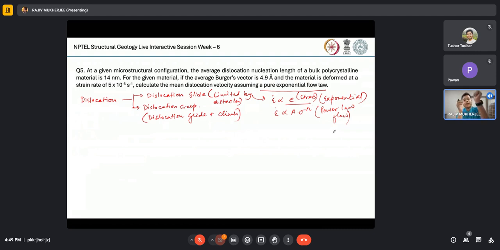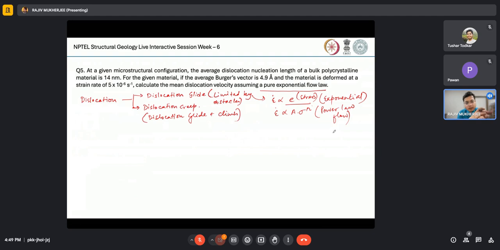But whenever you're talking about dislocation glide, there will be no climb. So in this problem, it has been given that you have to assume dislocation glide. That means there is no climb. The dislocations are purely slipping. The simplest assumption is that it is an edge dislocation motion.